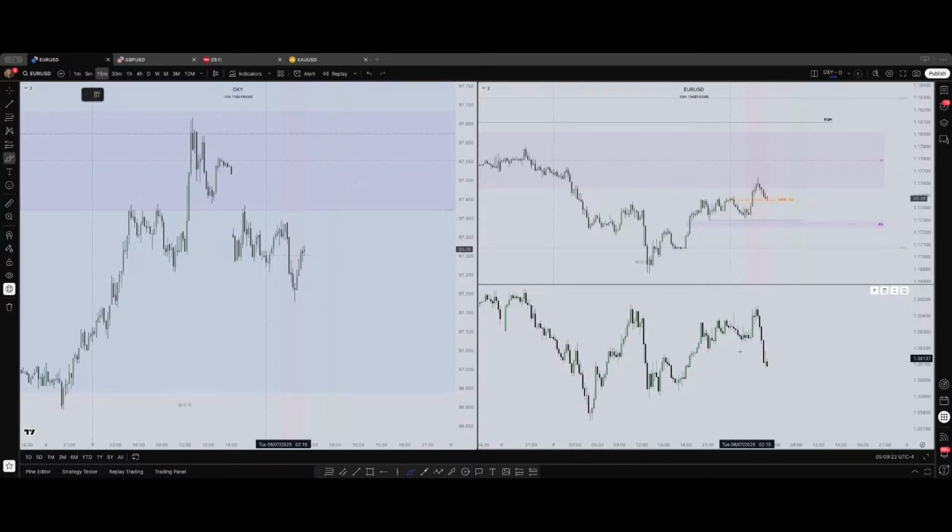Look how the dollar didn't make a higher high, EURUSD didn't make a lower low, but GBPUSD is making a lower low. So this is very much manipulation, basically, right?